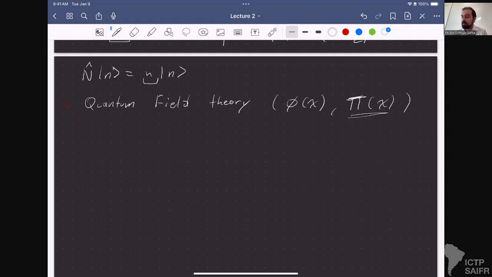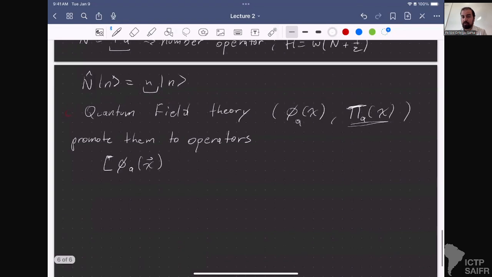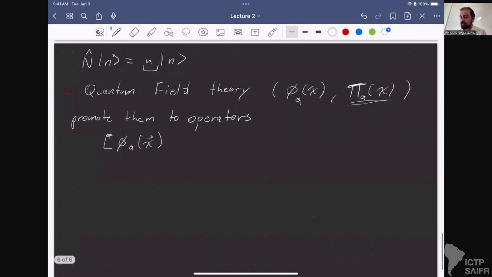Okay. And we're going to promote them to operators that satisfy the commutation relations that we said before. So again, just for the sake of the argument, we're going to have multiple fields with multiple conjugate momenta. Each of these operators, I'm not going to put the hat each time, so for now you have to remember that these are operators in this quantum field theory.